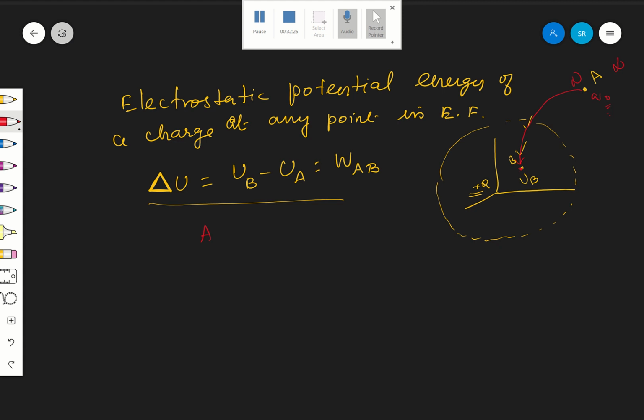So it is the amount of work done by an external force in moving the charge from infinity to that point B without acceleration. That gives you UB minus U infinity.